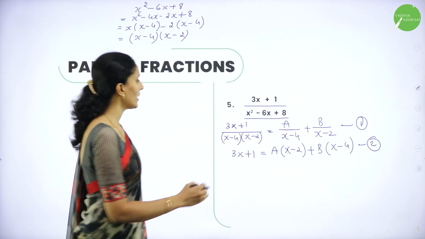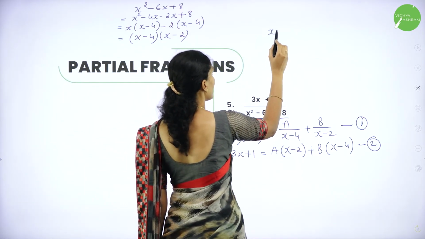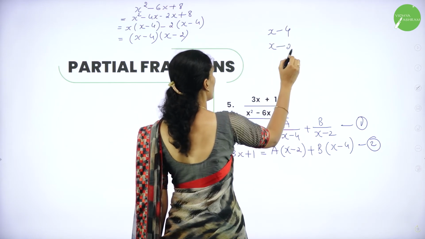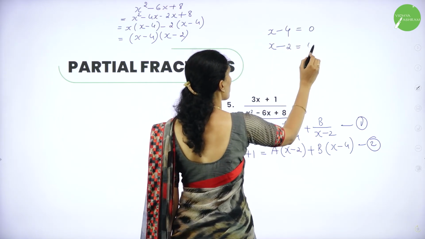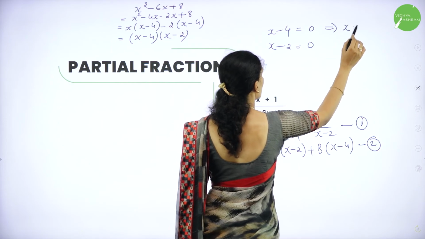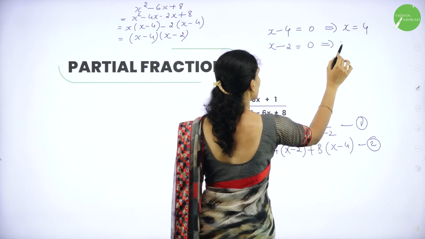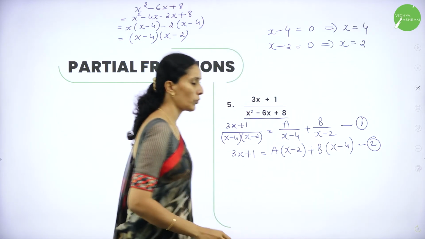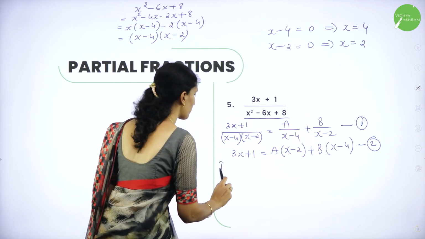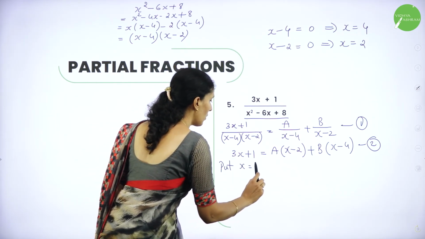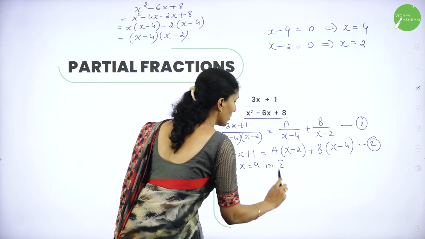So you have two linear factors, that is x minus 4 and x minus 2. Equate them to 0. In the first case, you should put x is equal to 4. In the second case, you should put x is equal to 2. So put x is equal to 4 in equation 2.